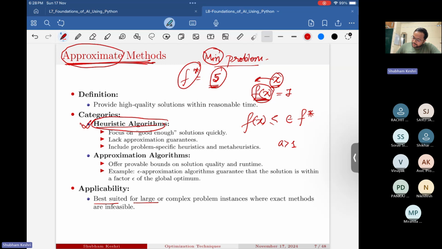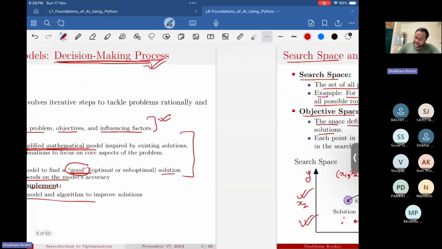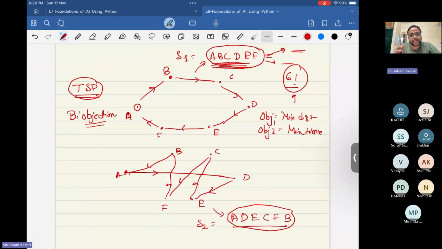Best suited for large and complex problems where exact methods are infeasible. So whenever we are talking about the traveling salesman problem, it's a very difficult problem to solve, right? When you have a large problem where the number of cities is very large, if the number of cities is n and you do exhaustive search, you will have to do n factorial searches, right? For each solution, you have to obtain its objective function value and then pick the best one.